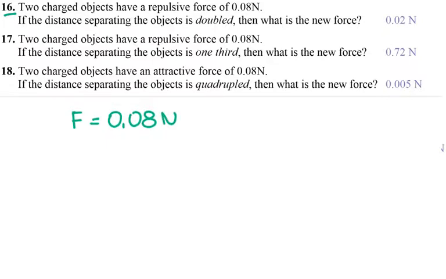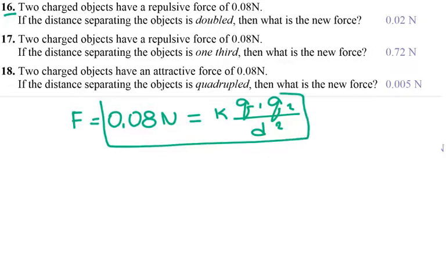If the distance of the separation is doubled, then what is the new force? So I have k, Q1, Q2 over the distance squared. That is what my original question was stating.